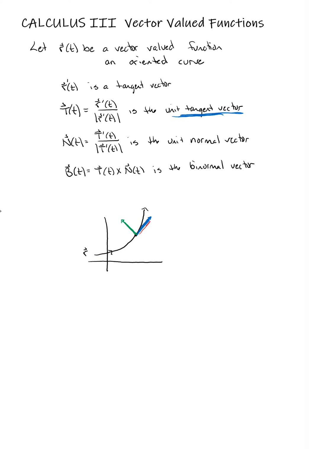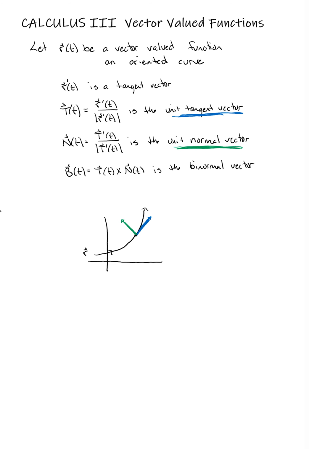Of course it's only going to be 1 unit long, but it is tangent at that point. That's very similar to the idea of a tangent line. It's just a tangent vector now. It has a direction.